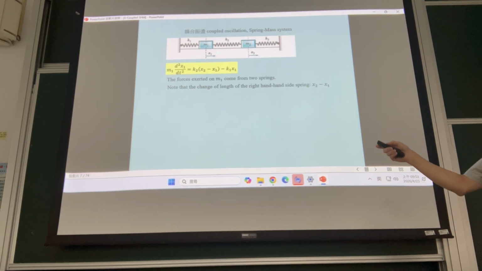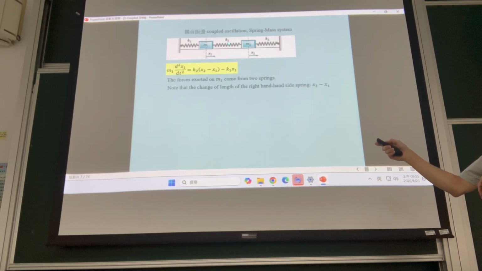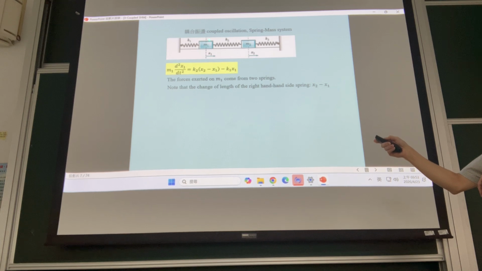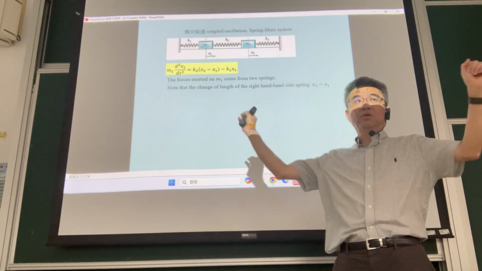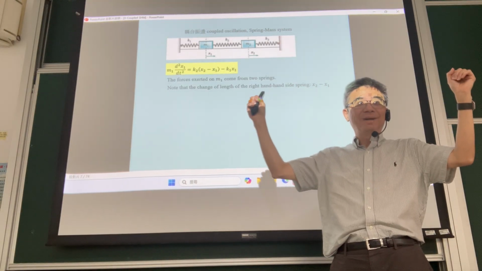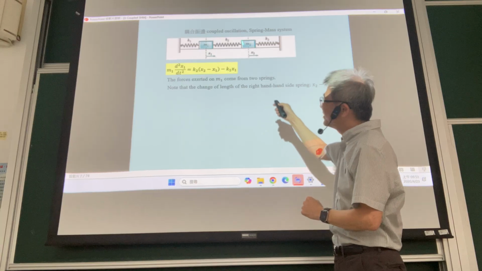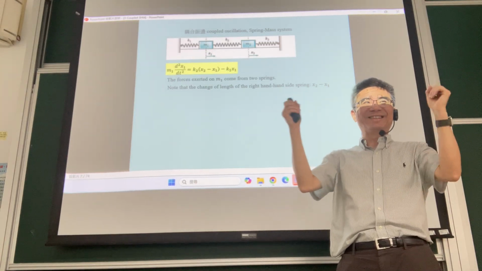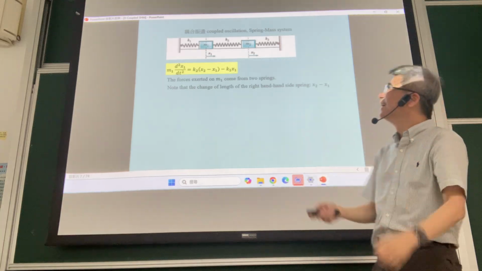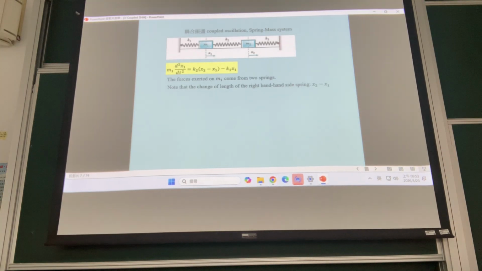That's why we call it coupled, because K2 couples the oscillation of M1 and M2. If there is no K2, there are two separate oscillators. However, because you put K2 in between, the two oscillations couple with each other. Do you see the point? Okay, so this is called coupled oscillation.